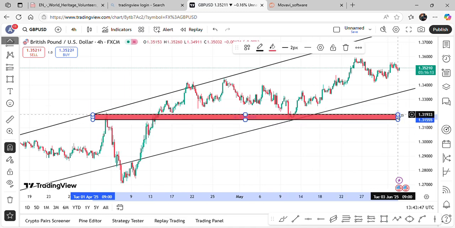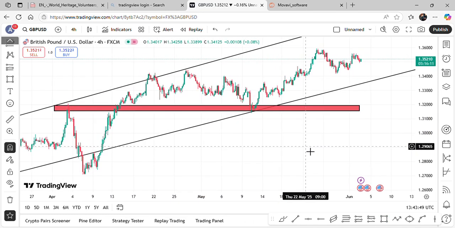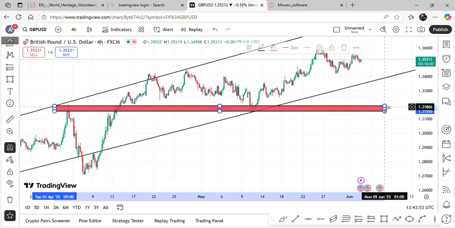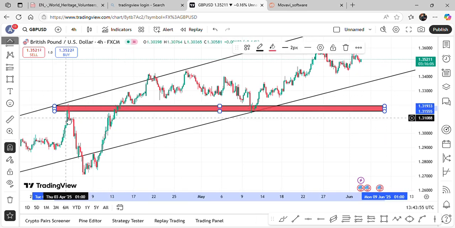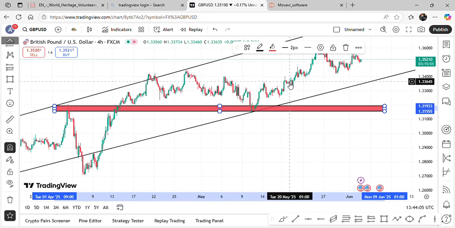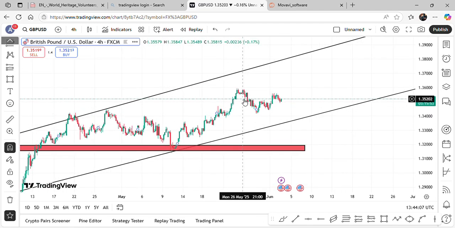If you pay attention here, you're going to see that in this zone we have a couple of price reactions. That was when price came here. We have another price reaction here, and another here, making this a key zone. Moreover, this zone reacted from this trend line before pushing up all the way to the upside, which makes it a key zone.